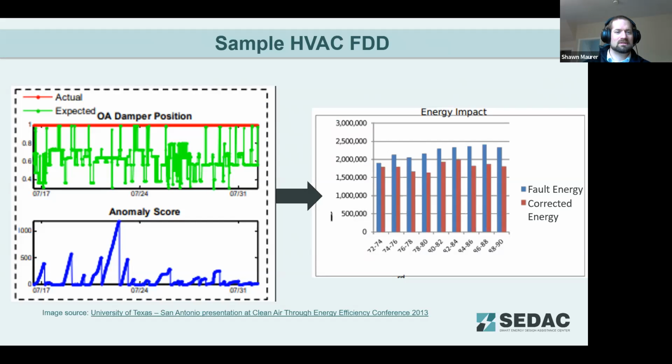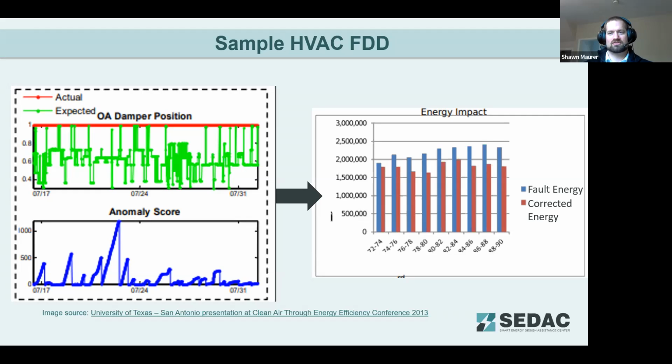Just an example of fault detection diagnostic impact on a building. On the left side of the screen here is what the trending screen looked like for a system. And on the bottom of that screen is the anomaly score. So this is the fault detection diagnostic system's method of determining there's an error here, that it's not operating the way it should be operating.